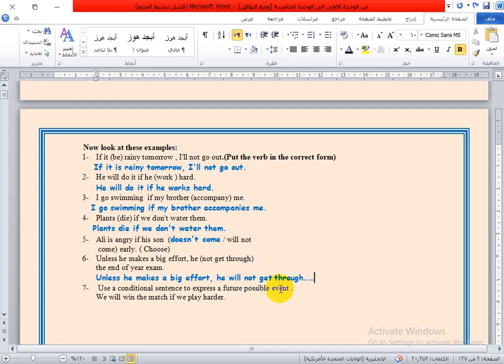If clause present simple, main clause future simple. We will win the match if we play harder.